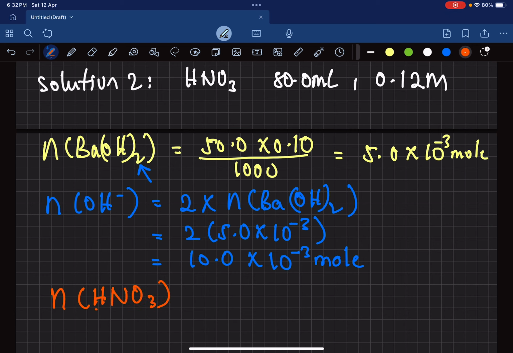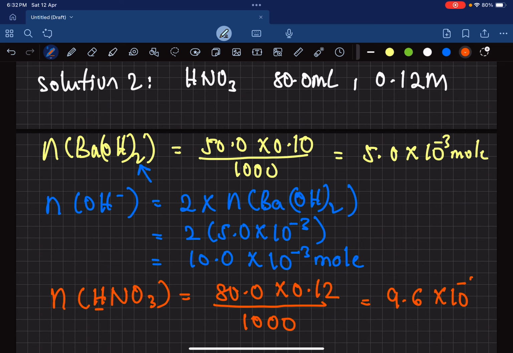So number of moles of nitric acid. Now nitric acid is monoprotic, right? It's only one. So this would be 80 times 0.12 divided by 1000. So we get 9.6 times 10 to the power of negative 3.